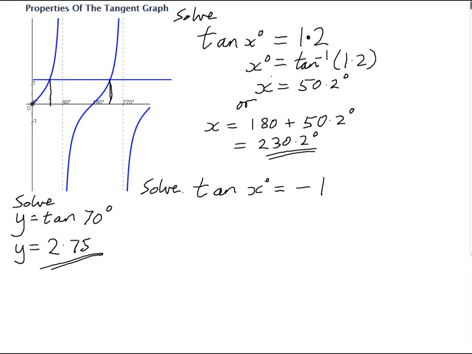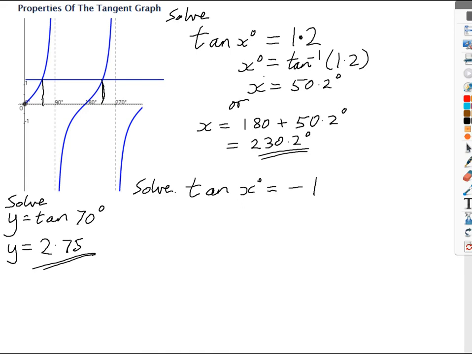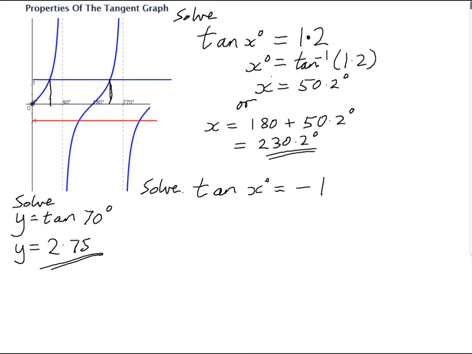Now let's have a look at the negative version. Same sort of thing. Tan of x equals minus 1, so we draw a line at minus 1. 2 possible solutions. One here, and one here.